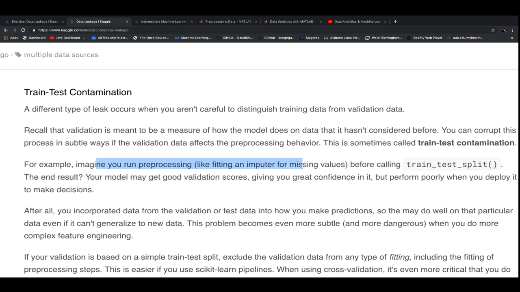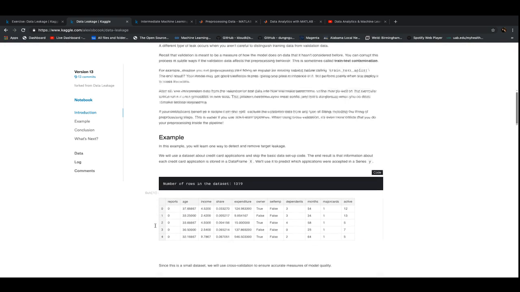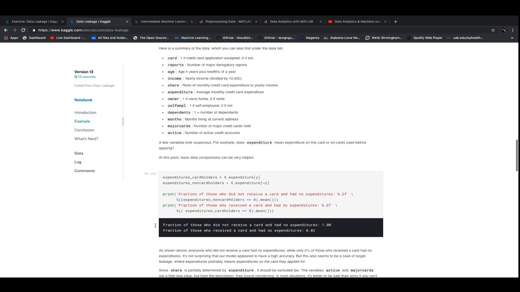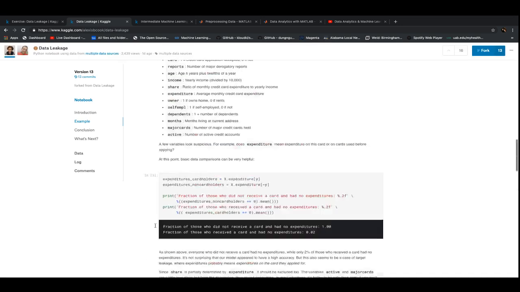This is where you want to run a function like train test split and make sure that your testing database is separated from your training database. It's really as simple as that. If you use the train test split function from scikit-learn, I believe, you should be able to eliminate the train test contamination kind of data leakage that you might have.